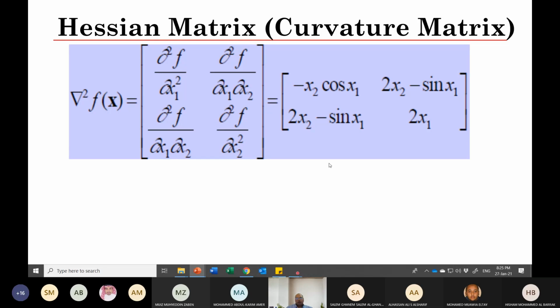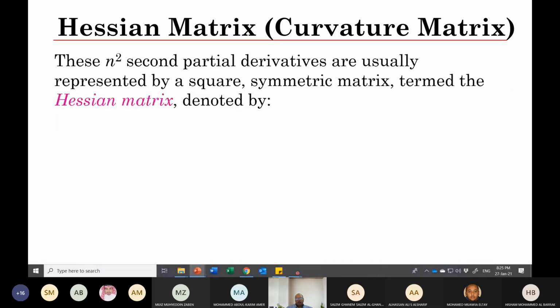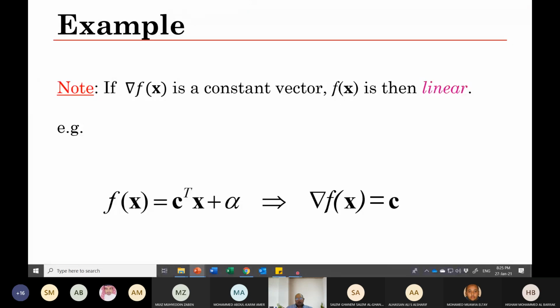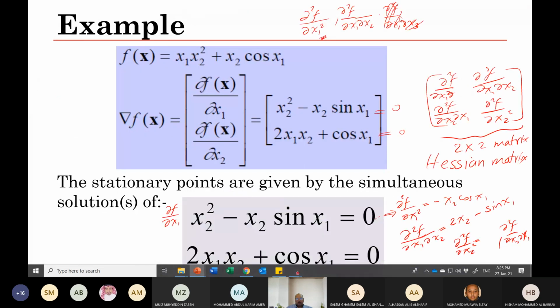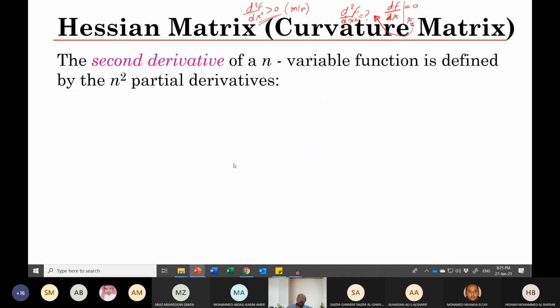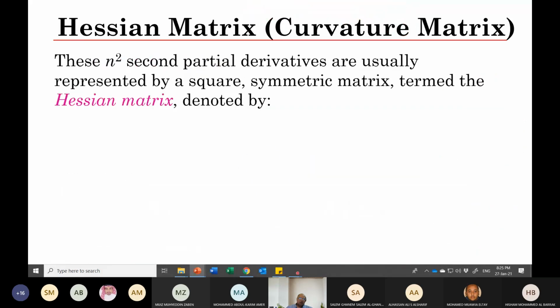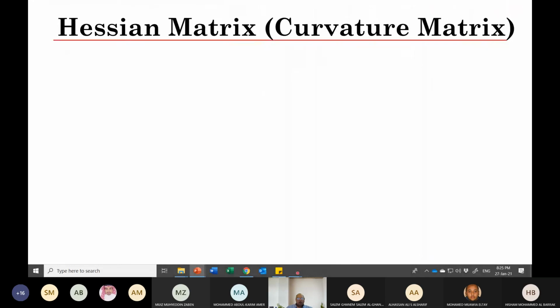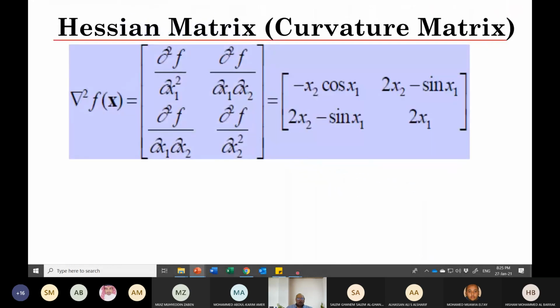Of course, when you solve these two equations to get the minimum or the stationary points, you can have x1 and x2 and substitute in the Hessian matrix by x1 and x2 found earlier.